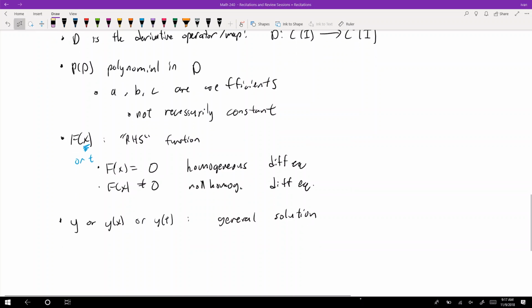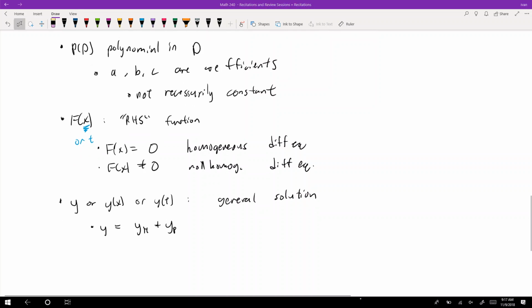Okay. But y of x, or y, can be written as yh plus yp, where yh is your homogeneous solution.